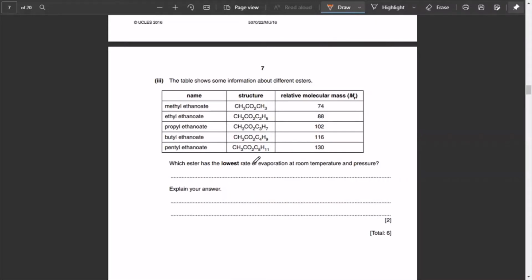So we will see the one that has the highest Mr. The highest Mr has the lowest rate of evaporation. It will evaporate slowly as compared to any other. So we reach the conclusion that pentyl ethanoate is the answer, and this is what you're going to write over here. And explain your answer, of course, because it has the highest Mr, highest relative formula mass. That is why you can easily solve this and gain 6 marks.